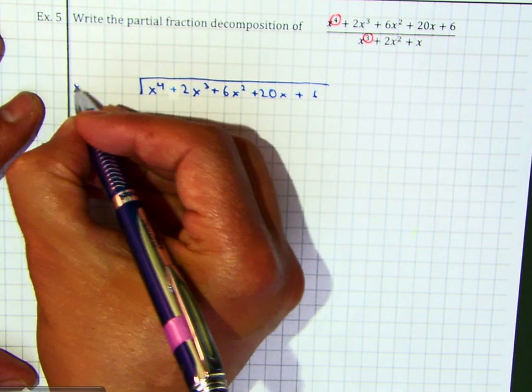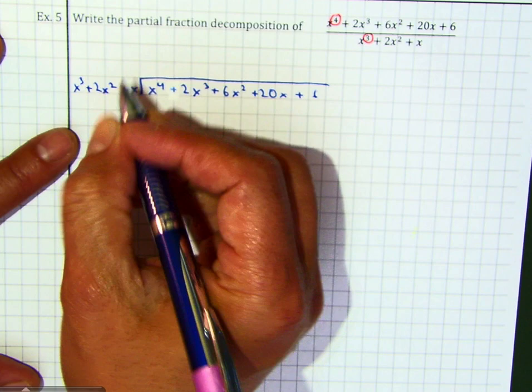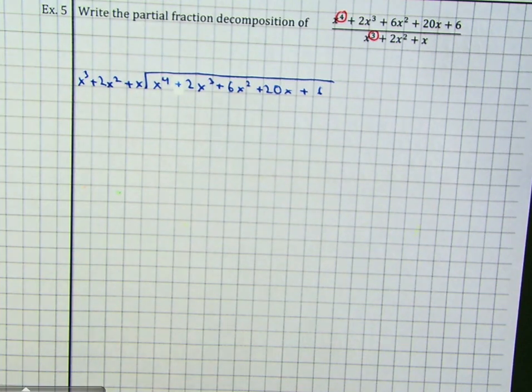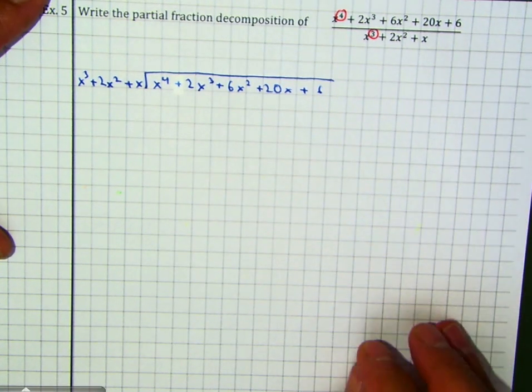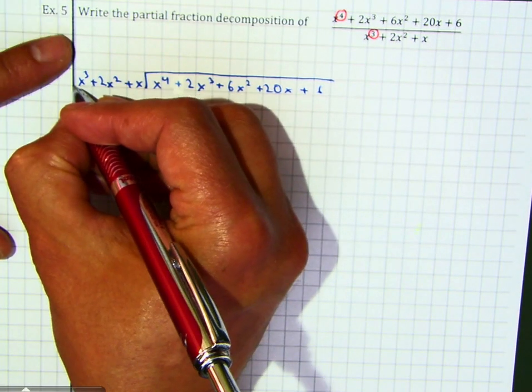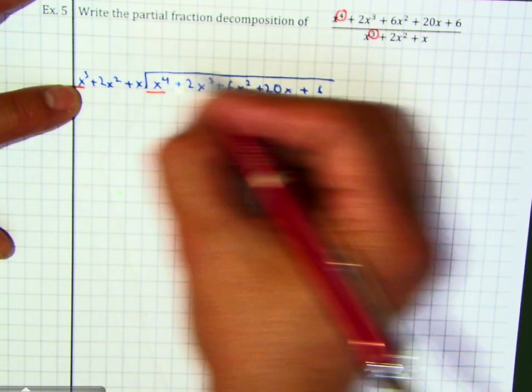We have x to the third plus 2x squared plus x. Now, I need to be able to use the long division, so we'll start. What do I need to multiply x to the third to end up with x to the fourth will be x. I'll place it right over here.